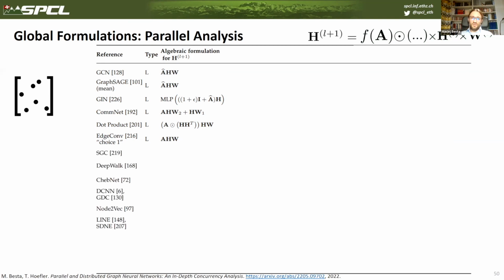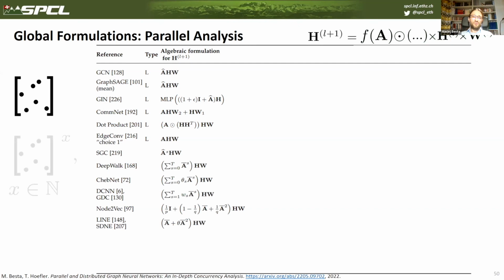But there are more models in the whole graph representation learning landscape, in which we use the adjacency matrix in a more complex form. In models like DeepWalk, ChebNet, or Node2Vec, we use some natural power of our adjacency matrix. This is why we call these models polynomial models, because we use some polynomial power of the adjacency matrix in the expressions of these models.